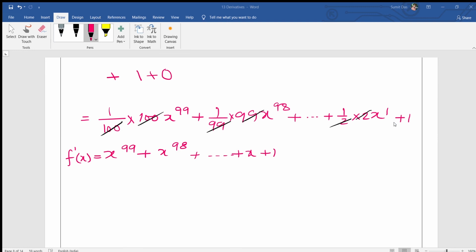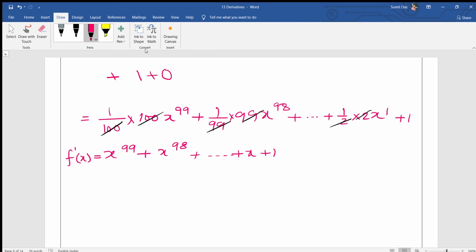Can you hear my voice or not? It seems like no response from your side. Are you understanding the lesson? So f dash x equals x to the power 99, x to the power 98, and if you simplify this one, we can get x to the power 97 also.